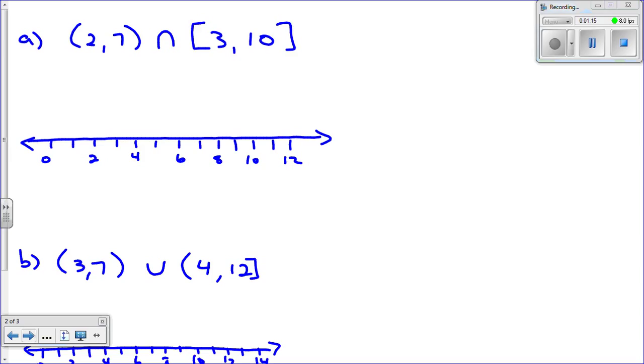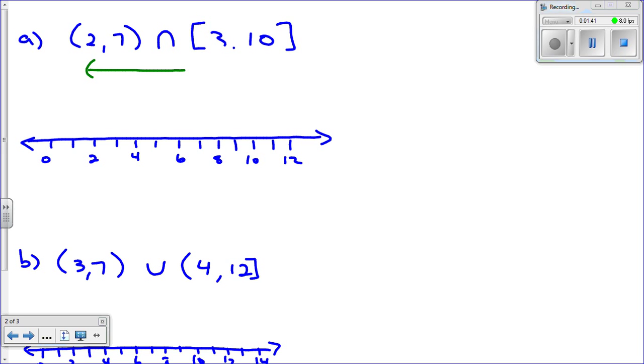We've got the intersection of the interval 2 to 7 and the interval 3 to 10. So to graph those, we want our answer showing up on the number line, so show these two intervals floating above the number line instead. So if I do the 2 and 7, I'm going to float them above the number line, going from 2 to 7.